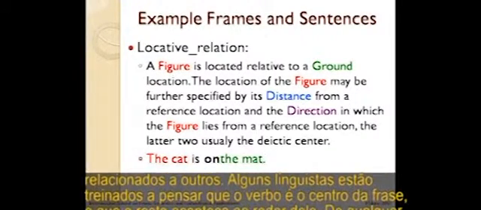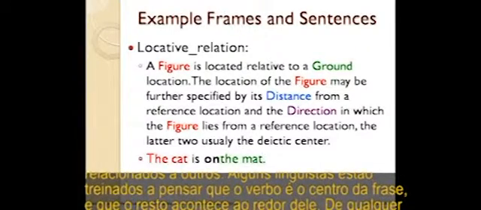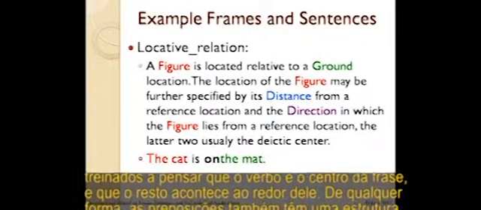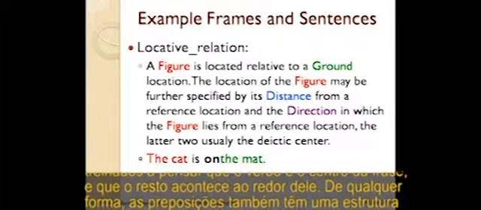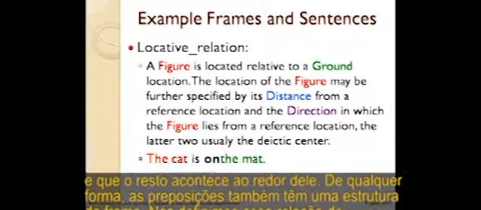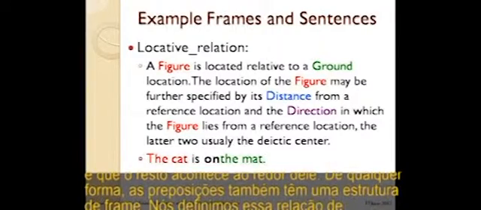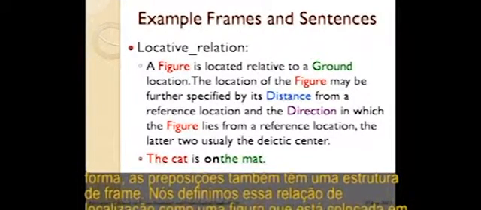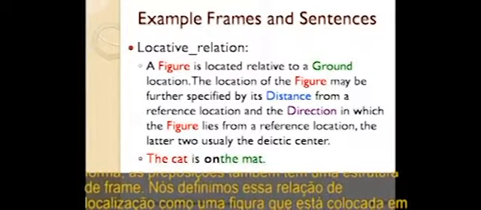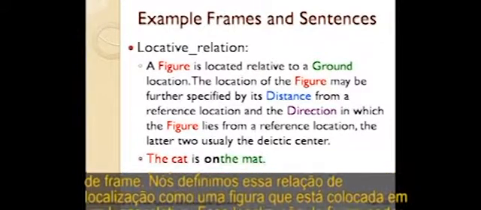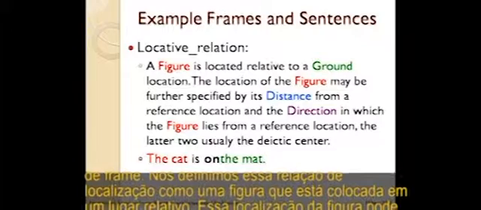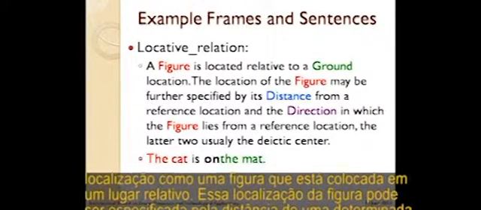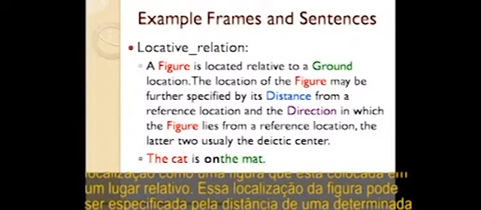It's just that it might be a little more difficult conceptually to get a handle on how that works. With verbs, it's pretty transparent. Even someone with only basic linguistic training has a sense that the verb is the center of the sentence and things happen around the verb. Nevertheless, prepositions also have frame structure.